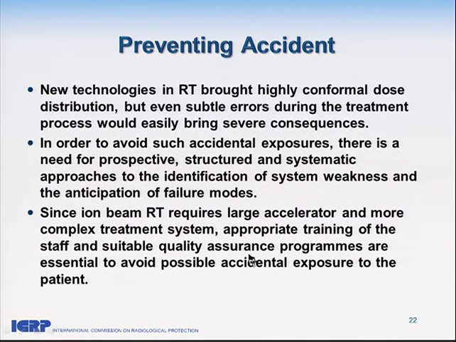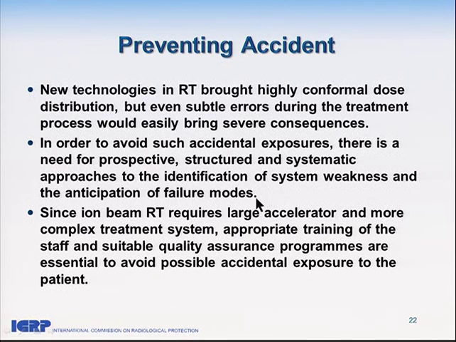The last topic that I have to discuss is preventing accidents. New technology in radiation therapy brought highly conformal dose distribution, but even subtle errors during the treatment process would easily bring severe consequences. So in order to avoid such accidental exposure, there is a need for a prospective, structured, and systematic approach to the identification of system weakness.